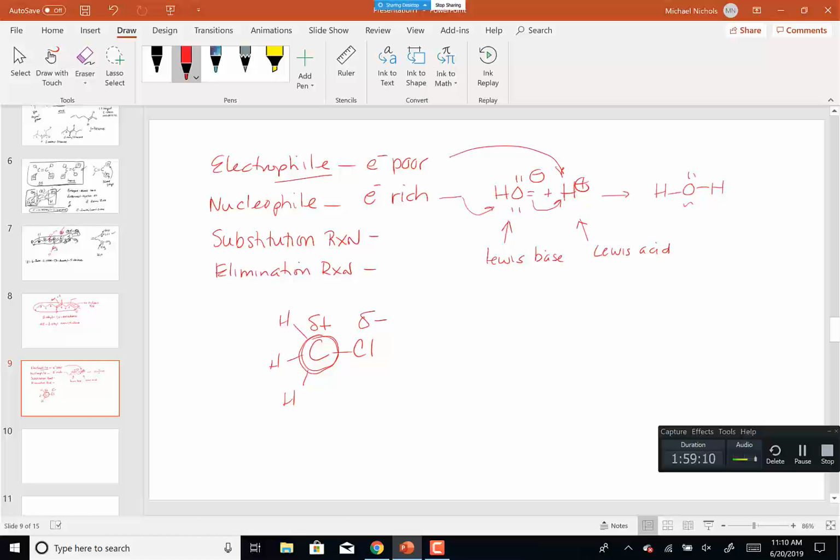Because it's got a delta positive charge. Is it electron poor as if it was a full-blown positive one charge? No, but it's still poor. Who made it poor? Chlorine, by taking some of its electrons away from it. But they're still sharing. Yeah, they're unequally sharing.